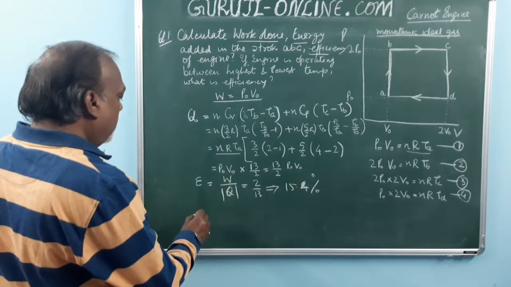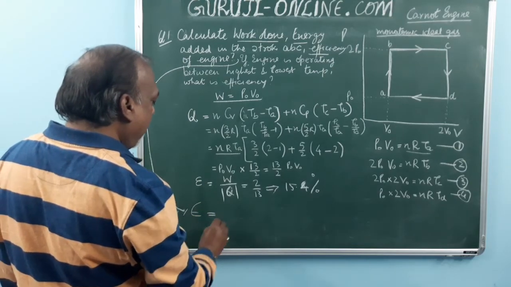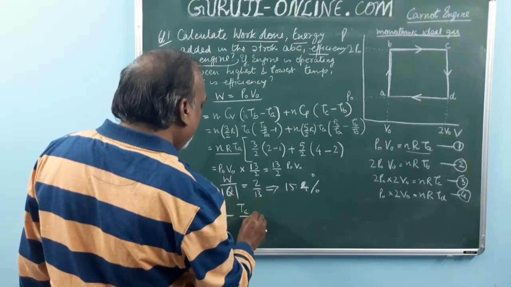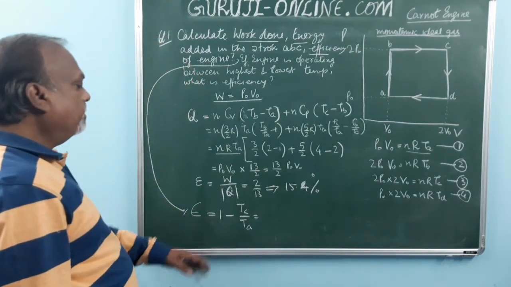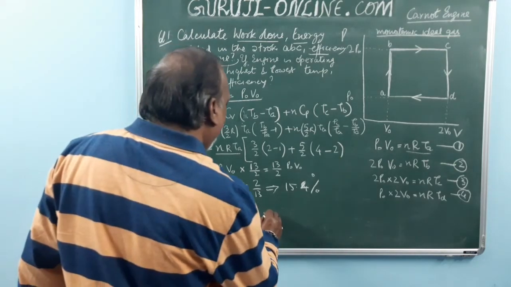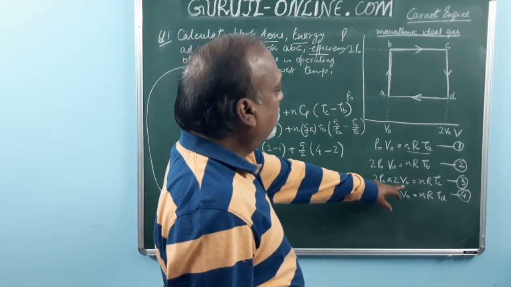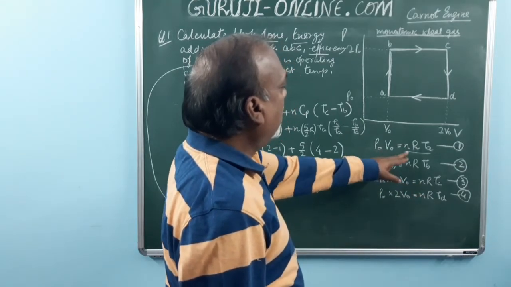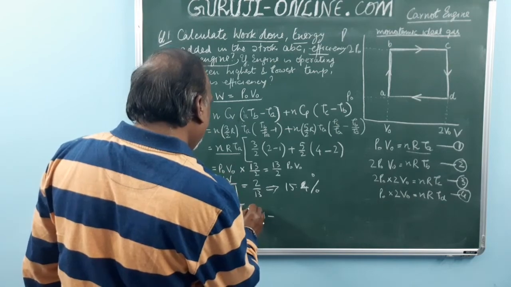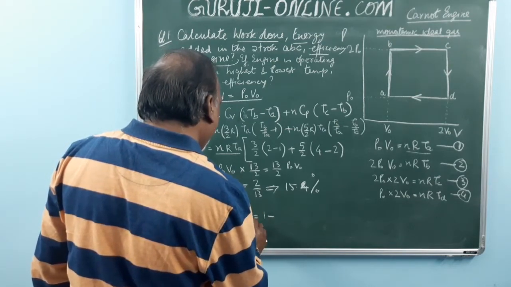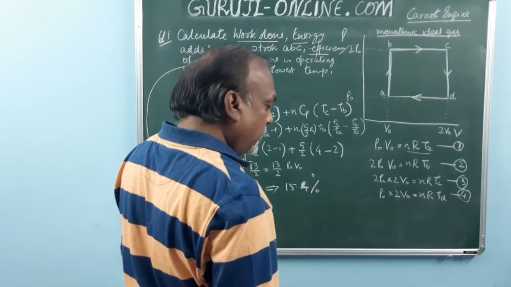So the efficiency will be 1 minus TA upon TC, from lowest temperature and highest temperature.